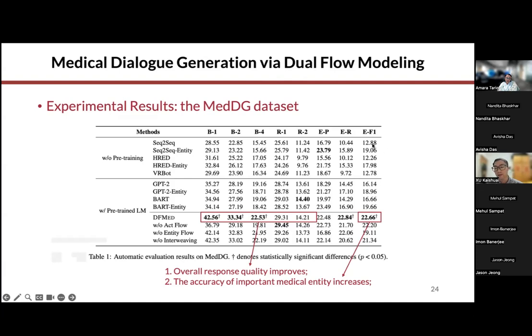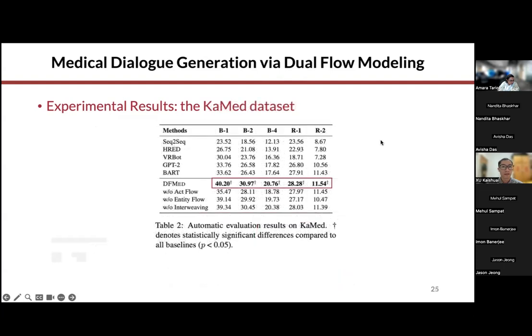Another measurement is the entity F1. The accuracy of the entity F1 indicates that our response accuracy increased a lot. It is a quite important measurement for medical responses. A similar improvement can also be seen in the COMET dataset.